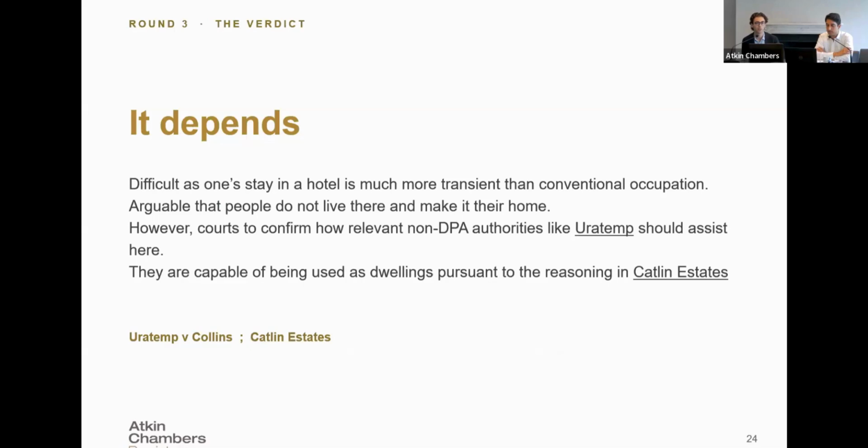I think it would be much easier to make the argument that your serviced apartment is a dwelling and was always intended to be a dwelling than your hostel with bunk beds. But when you're in that middle ground, there are going to be arguments both ways, and parties will have to rely on the authorities in either common sense or inventive ways to make the argument that they're trying to make.